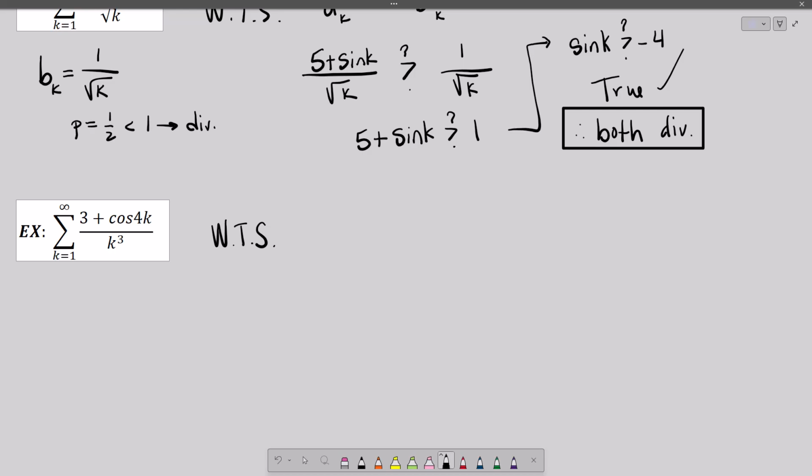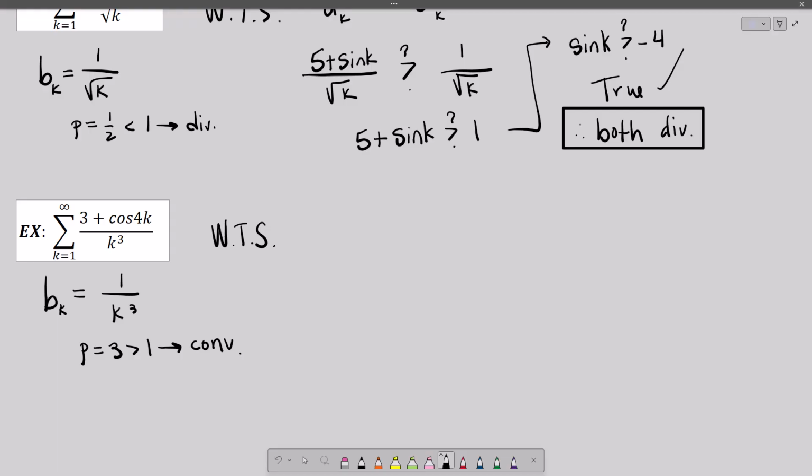Okay, so here, same thing. Numerator is like a constant. The denominator is like a P series, or is a P series if we just look at the denominator. So here, let's go ahead and choose our b sub k to be 1 over k cubed. This one, P is 3, which is bigger than 1, which means converge.